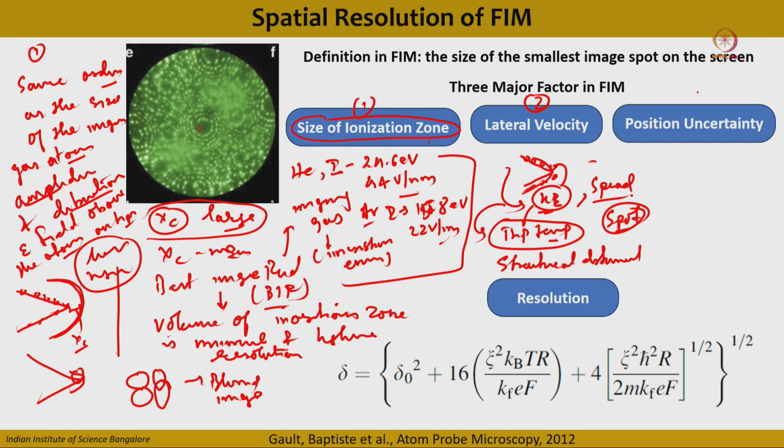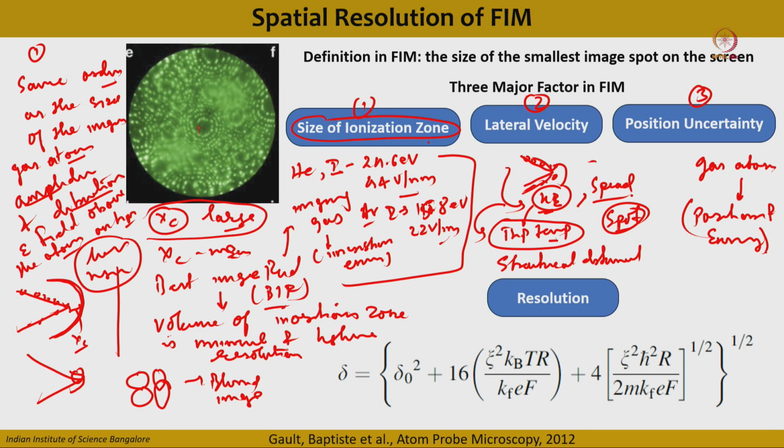The third point is position uncertainty. What is position uncertainty? I think everybody must have heard about the Heisenberg principle. Okay, so for any gas atom, the position and energy cannot be determined at the same time.